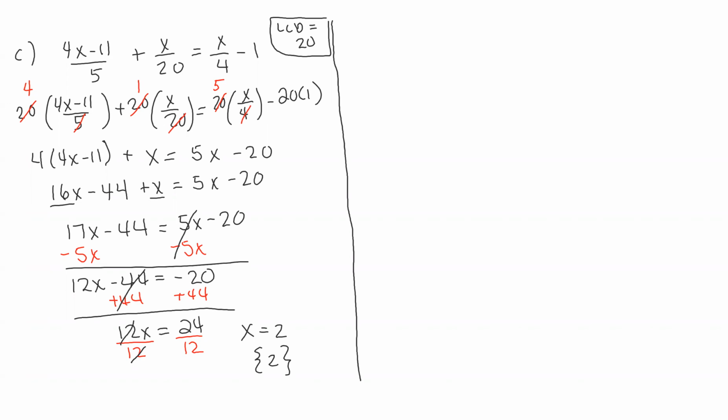In this case, let's say that we have 1/4 x plus 2 equals 8x plus 11 over 8. That's an x right there. All right, looking at my denominators, I have a 4 and an 8, so that tells me the LCD is 8. And now what I'm going to do is I'm going to multiply all three terms.